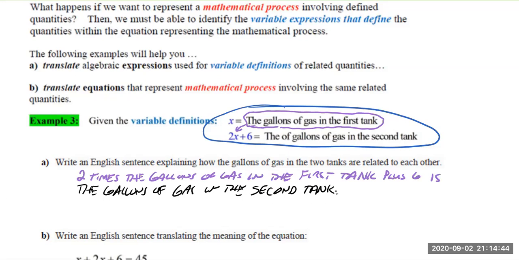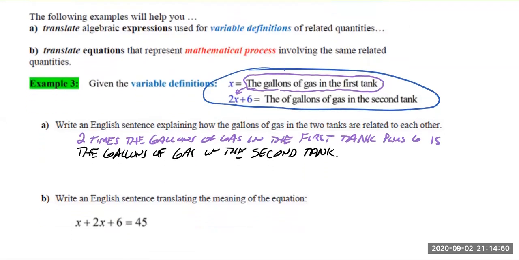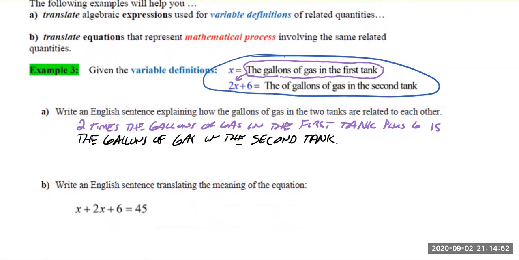This is a way we could do that, but when we're translating to English, we want to be a little more descriptive or use language that we would understand a little easier. So when you see expressions like this, I want to interpret what that means.